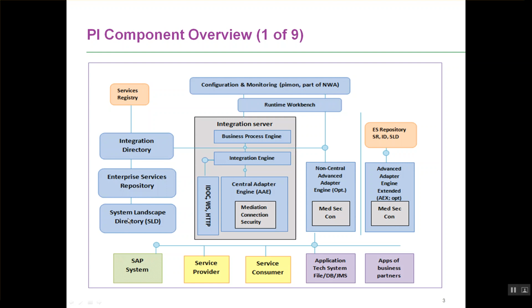Remember the underlying idea of PI, that it is a central application that is going to integrate with multiple applications in the landscape. So for PI, it is essential to understand what all systems are in the landscape, because eventually PI is connecting to multiple different systems. The SLD is a component of PI that tells PI what all the systems are in the customer's landscape.